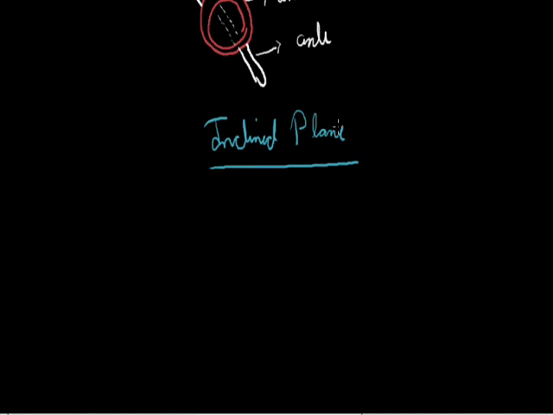So this inclined plane makes the movement of heavy vehicles easy, and it is defined as a flat surface which is set at an angle against a horizontal surface. It seems to be like this. But the flat surface which is set at an angle should never be set at a right angle. Means the angle should not be 90 degrees.